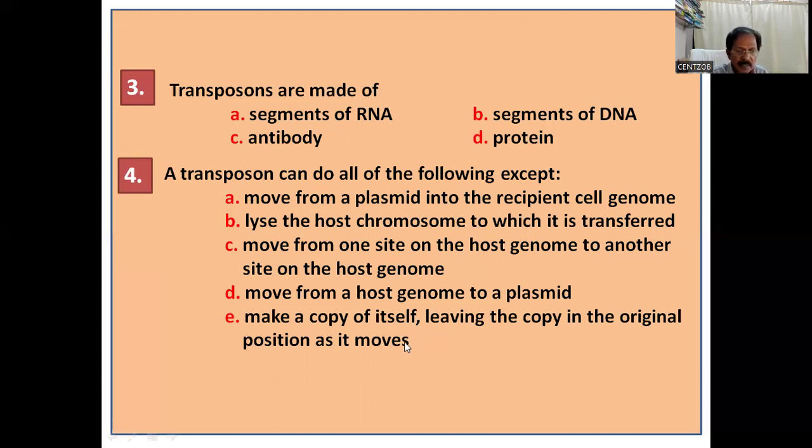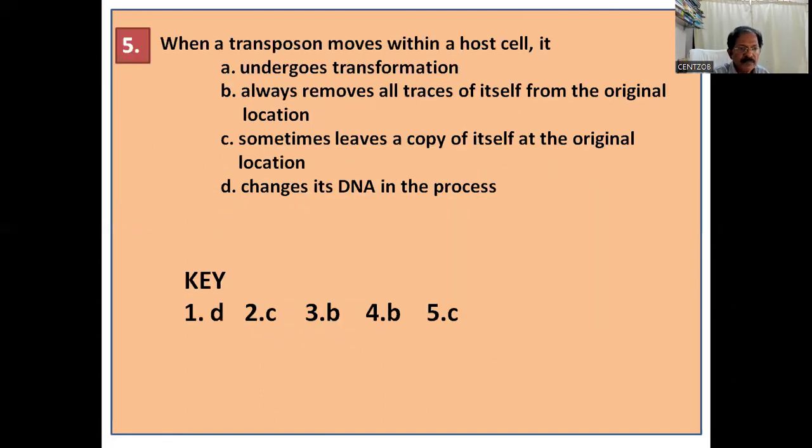You see, all are correct, but the second one, lyse the host chromosome to which it is transferred, no, it does not. It does not lyse the host chromosome, isn't it? So it moves from a plasmid into the recipient cell genome, and it moves from one site on the host genome to another site on the host genome. All these are correct, and only B is not correct. Similarly, transposons can also move from a plasmid to the bacterial chromosome and vice versa. Okay, let us also remember. Then more questions.